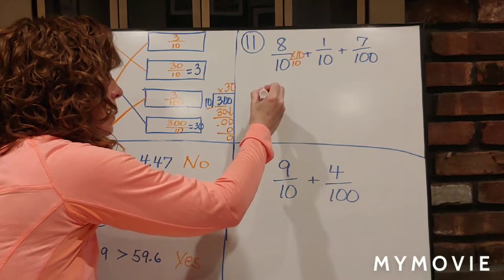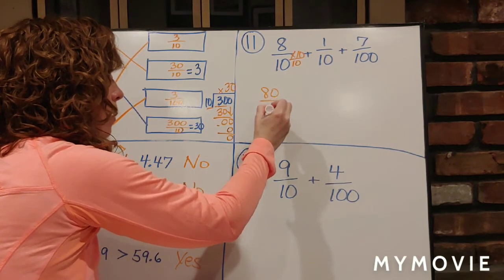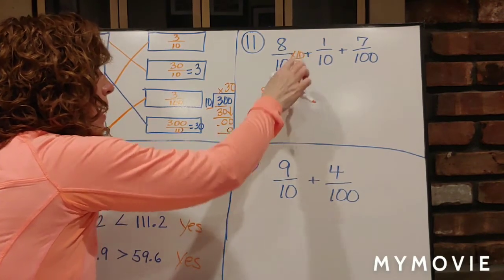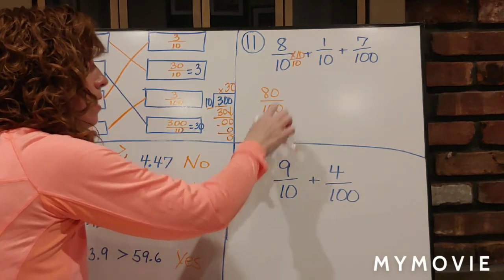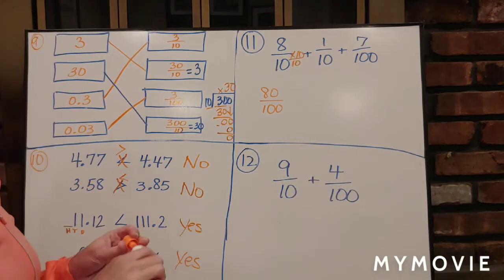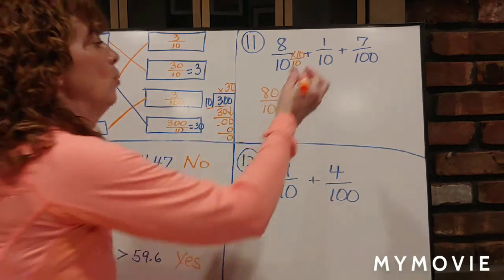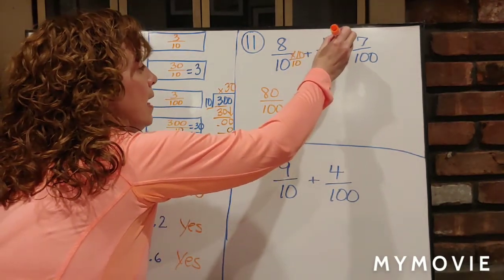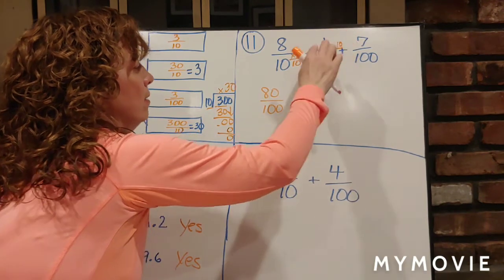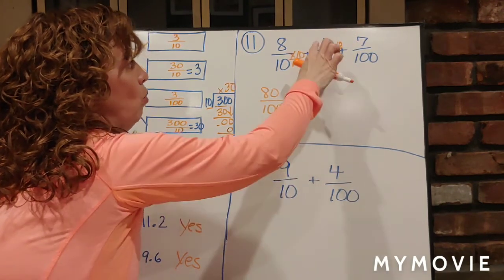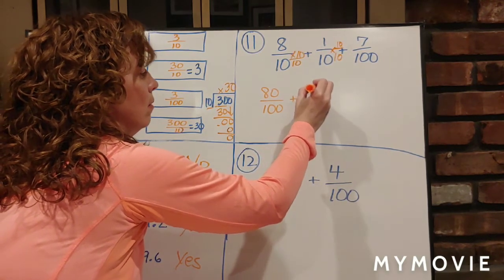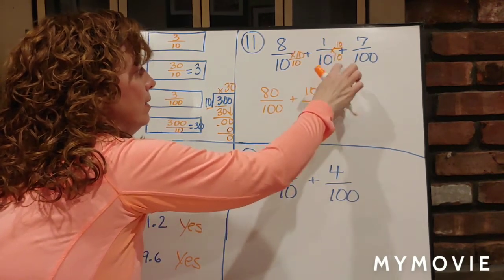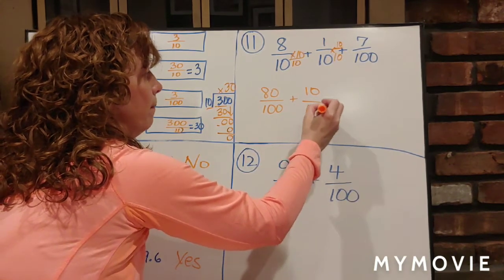So our new fraction is 80 over 100. 8 times 10 is 80. 10 times 10 is 100. All right, we have to change that 1/10 also. So we're going to multiply 10 over 10. So our new fraction, 1 times 10 is 10. 10 times 10 is 100.